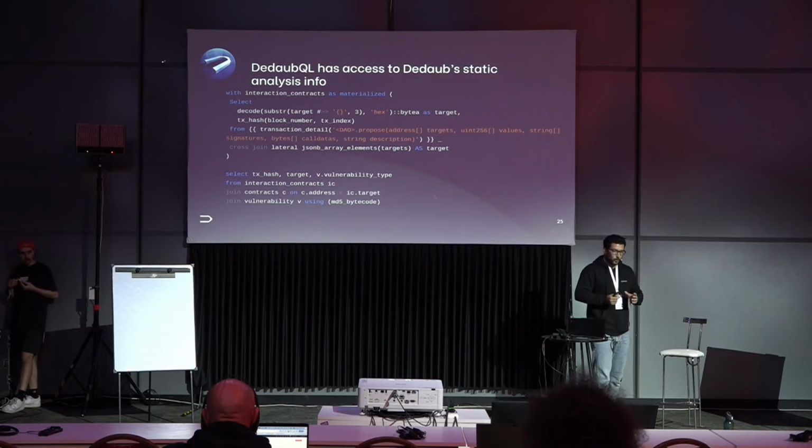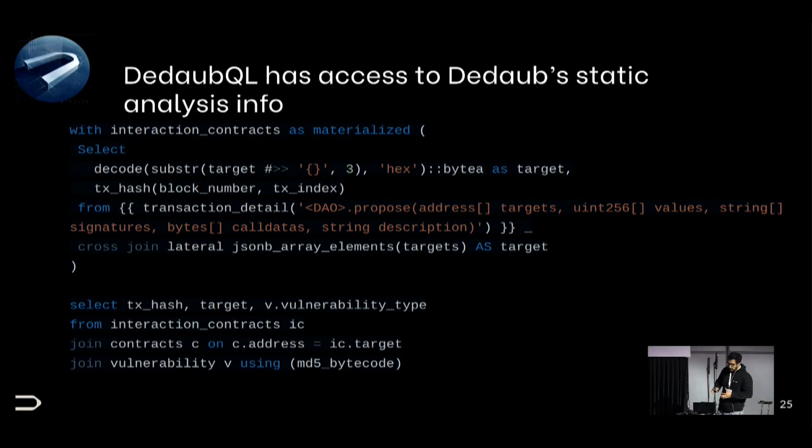So when you get access to monitoring, you can join to these things. So for instance, in this case, let's say I wanted to scan every single contract that the governance proposal is going to interact with. I can simply do it using database operations. So basically using join and things like that.